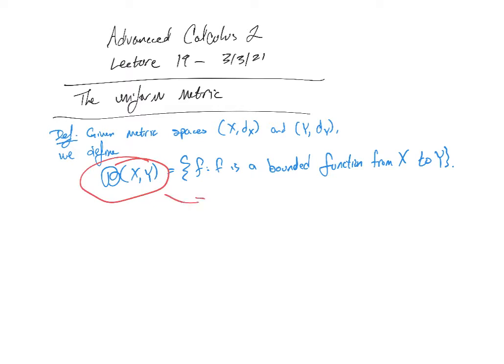This set, if Y is just, we don't even care what metric is on it. If Y is the real numbers, then what are we looking at? So let me not write it that way. Let me just write it this way.